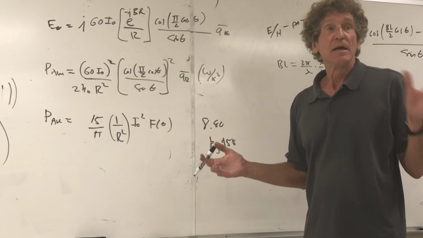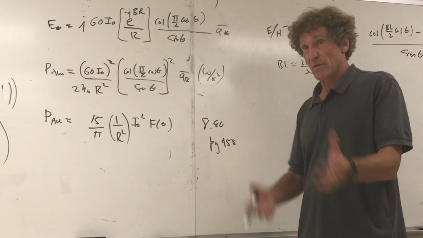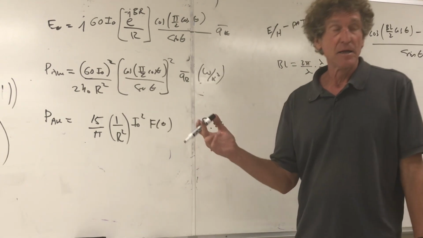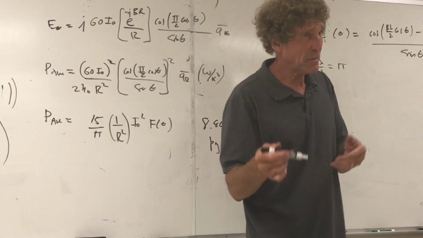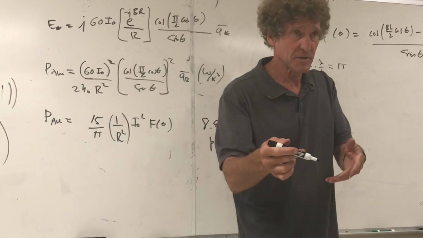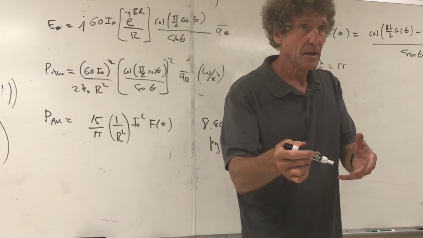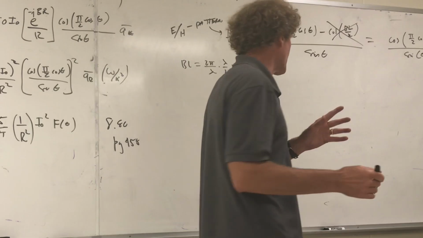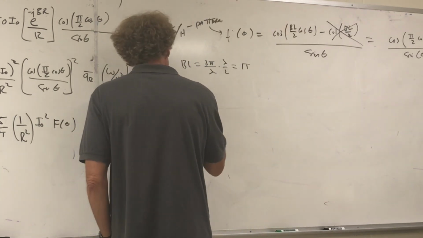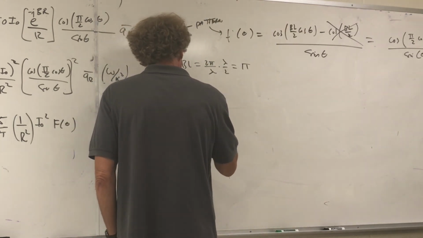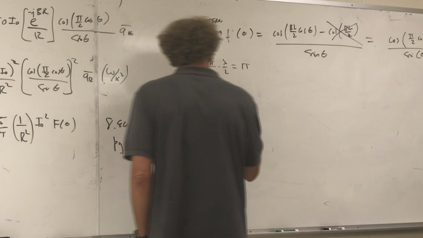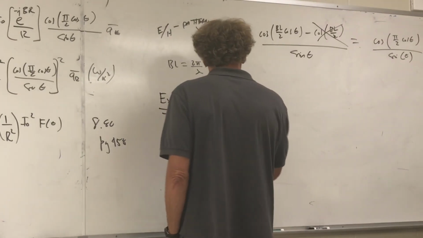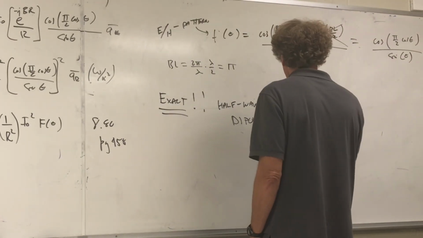Just level with it. Here's what happens at the end of the day. When all is said and done, to get the power radiated, what we really want is the radiation resistance, isn't it, class? So this is important. Write this down. For an exact, and write this word down, exact, and underline it, half-wave dipole, you're going to get the input impedance of the antenna.